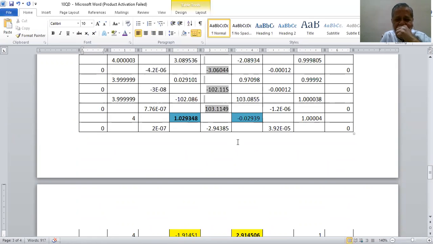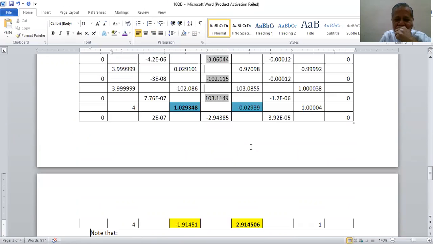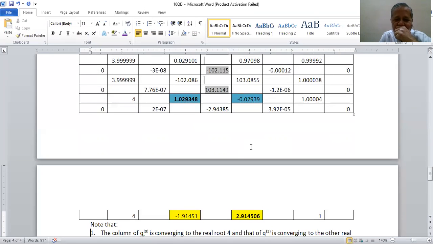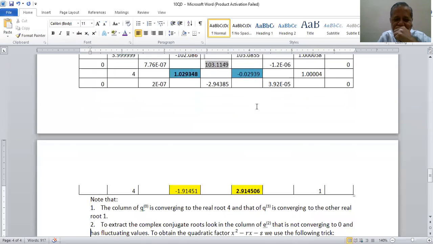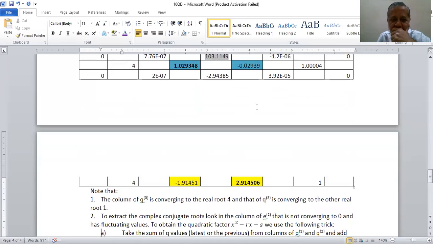To develop that pair of complex roots, हम क्या क्या इस्तेमाल करते हैं? हम Q values इस्तेमाल करते हैं, the latest and the previous. और कैसे इस्तेमाल करते हैं? The column of Q0 is converging to a real root 4.